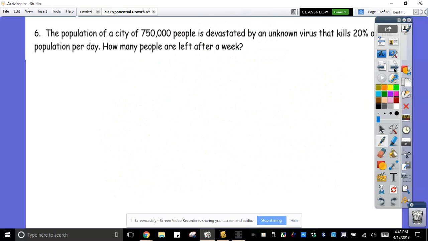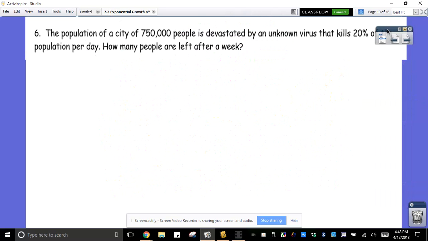The population of a city of 750,000 people is devastated by an unknown virus that kills 20% of the population per day. How many people are left after a week? So what do we do here?